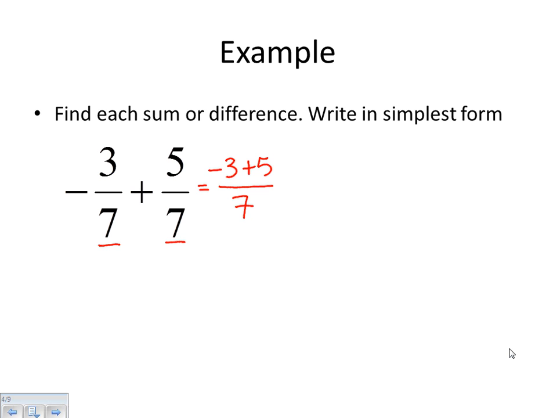Now back to your integer rules. We have -3 plus 5. A negative plus a positive, we subtract the numbers and take the sign of the higher number, which is positive. So we have positive 2 over 7, and that is your final answer.